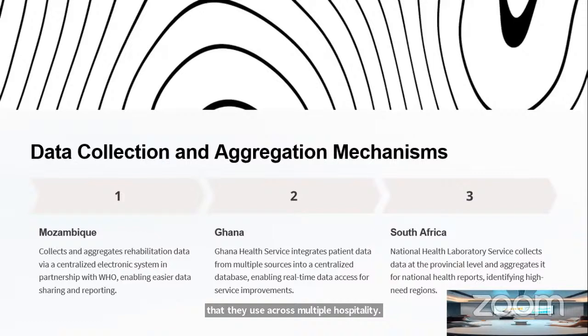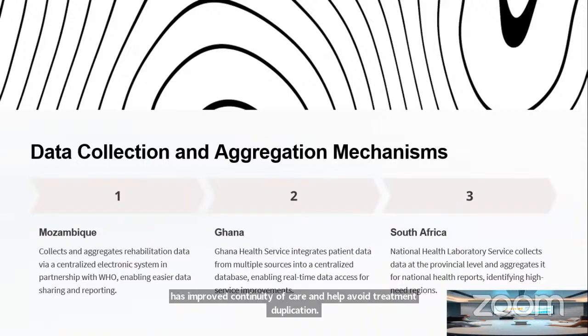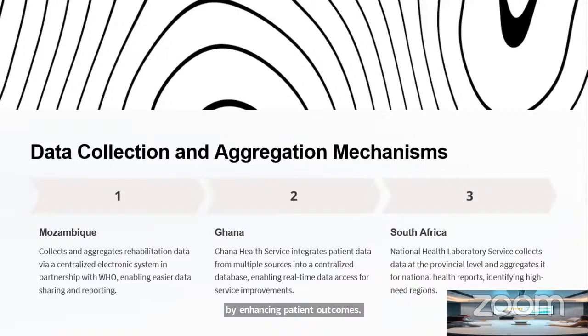Some of what they take is looking at each rehabilitation session and they record them, including the goals, the session summaries, and progress reports. With this integration, healthcare providers across the country have access to patients' full medical history, which has improved continuity of care and helped avoid treatment duplication, enhancing patient outcomes in their multi-center rehabilitation programs.